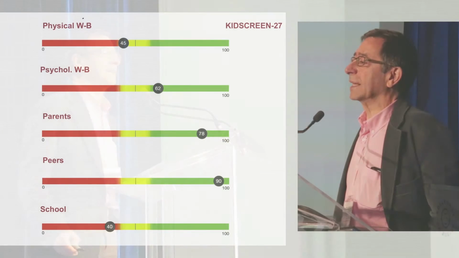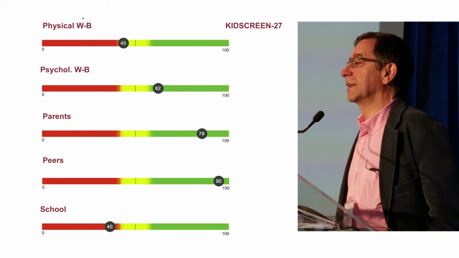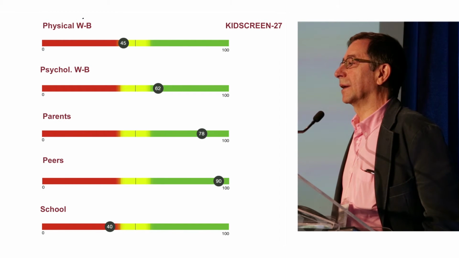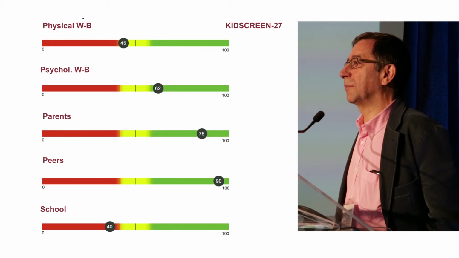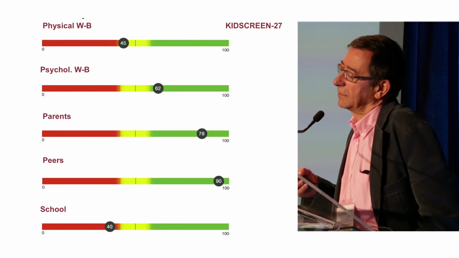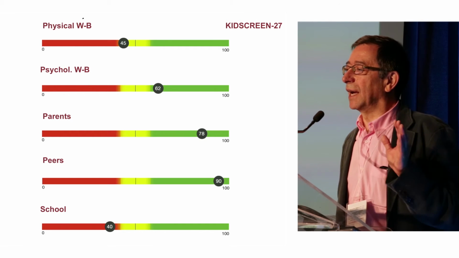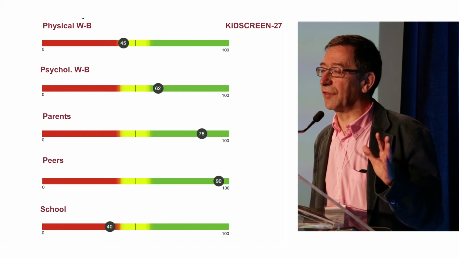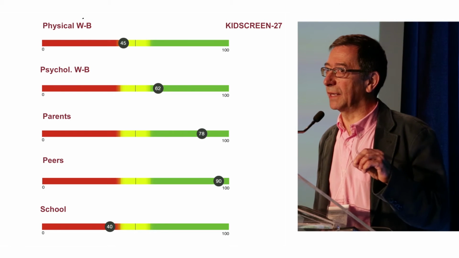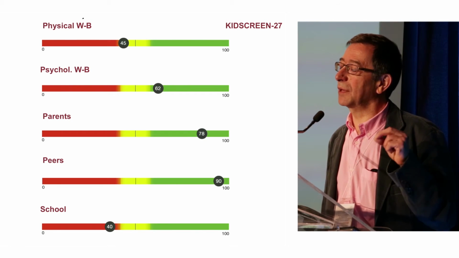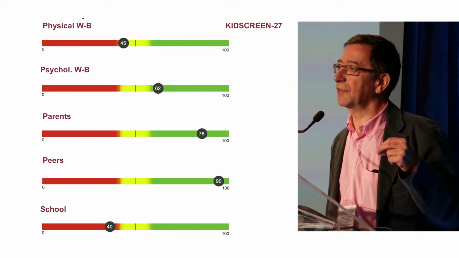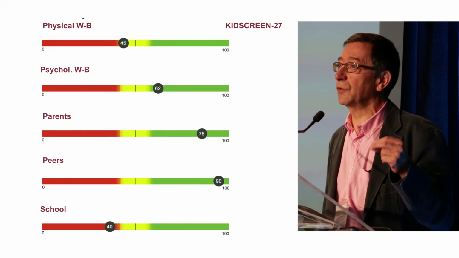The last example uses health-related quality of life in clinical practice. It's quite different, but I wanted to show you that we have now developed the KIDSCREEN informatic version, and we administer the KIDSCREEN-27 via internet at home.